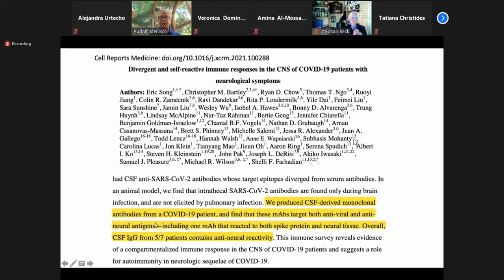And what they found is, in 5 of the 7 patients, the monoclonal antibodies reacted against neural tissue or against viral antigens. But interestingly, one monoclonal reacted to both spike and neural tissues. Now, this could certainly be involved in the pathogenesis, and how would this come about? So I think that's an interesting issue, although it's really a very small study.